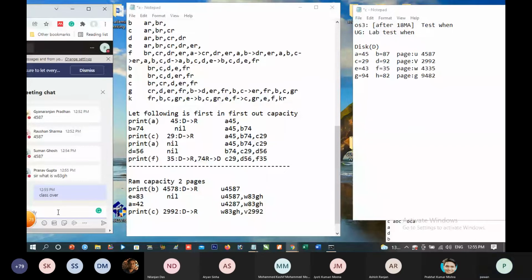Now we can discuss from the previous class also. Sir, what is W83GH? Please repeat that. W83GH, you see W means page W is 83 and here in place of GH some garbage data will come. Is it correct? Okay, sir.